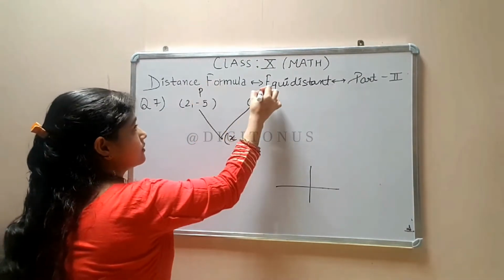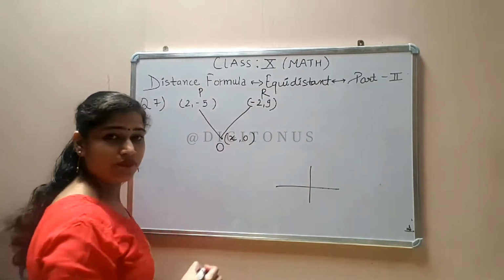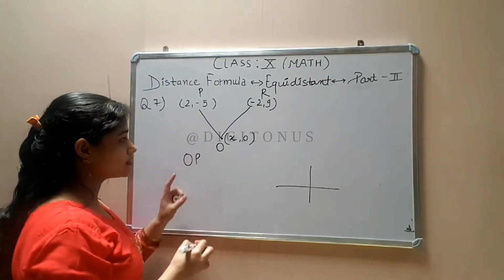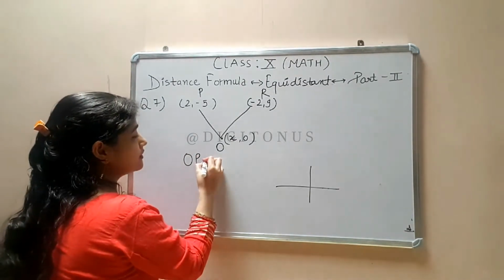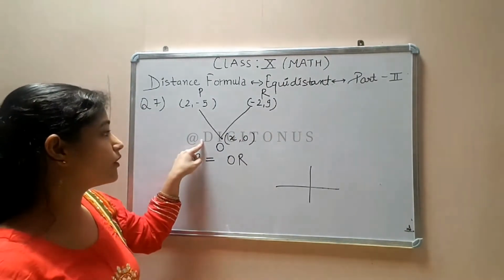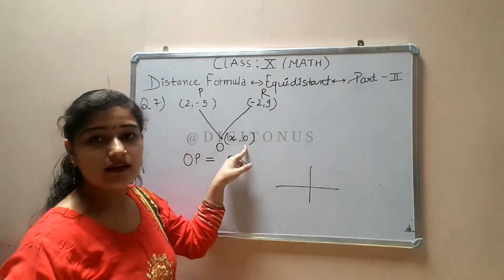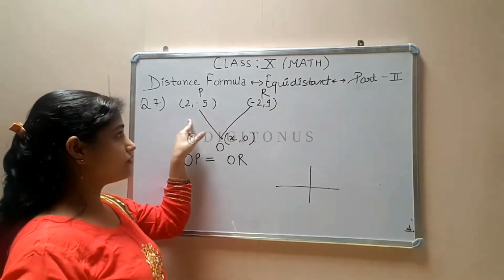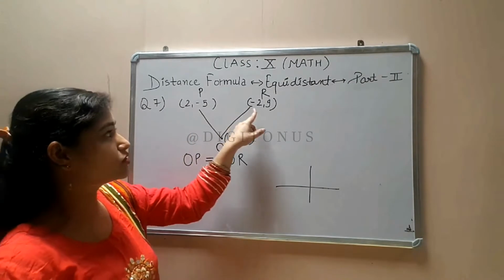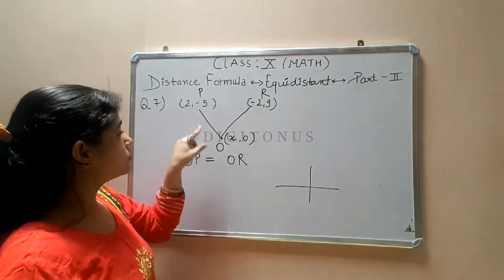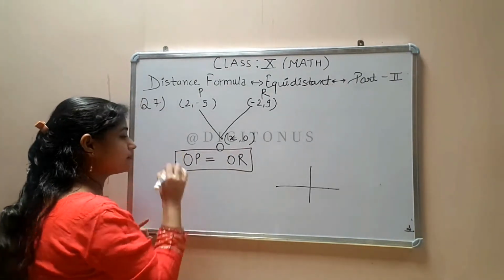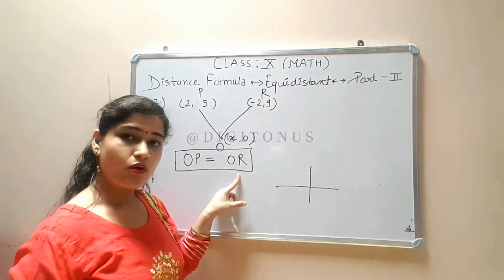I am giving P, R and O. Okay, so according to the question, the distance of OP is equal to OR, the distance between O and R. They are saying that a point on the x axis is equidistant from both these points. ये जो point है x axis पे, ये जो बाकी के 2 point हैं, ये point इन दोनों point से equal distance पे है. तो हमारा mathematical statement बनता है, that OP is equal to OR.